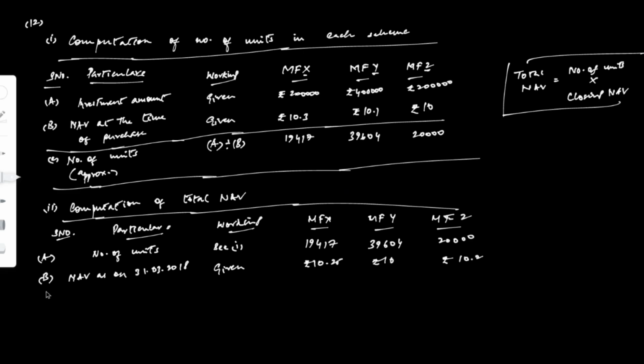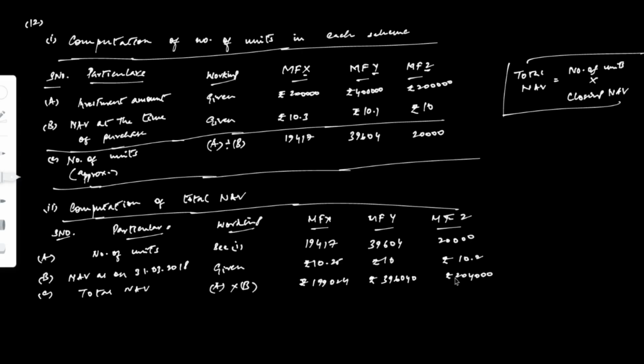Now, total NAV is number of units into NAV as on 31/3/2018. So 19417 into 10.25 is 199024. Next, 39604 into 10 is 396040. Next, 20,000 into 10.2 is 204,000.